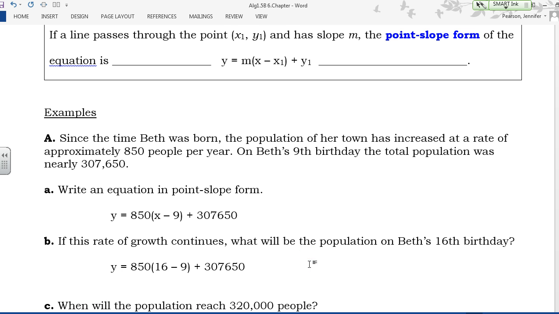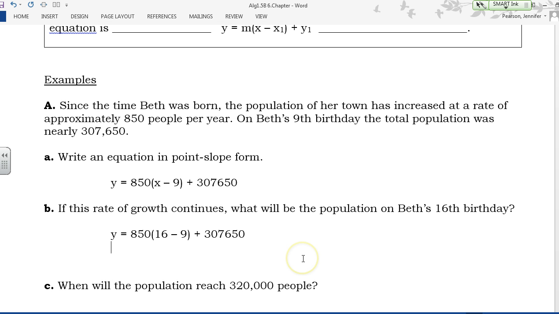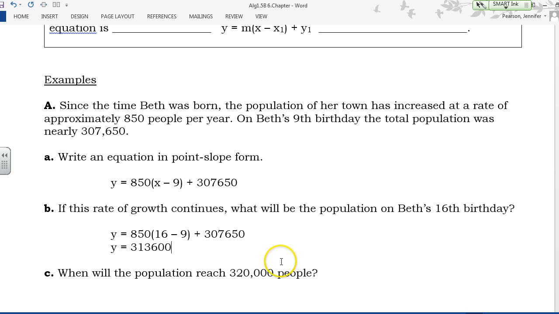And then I can just type it out. 850 times (16 minus 9), plus 307,650. On her 16th birthday, the population of the town will be 313,600 people.